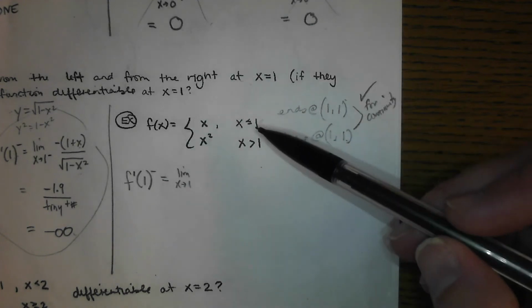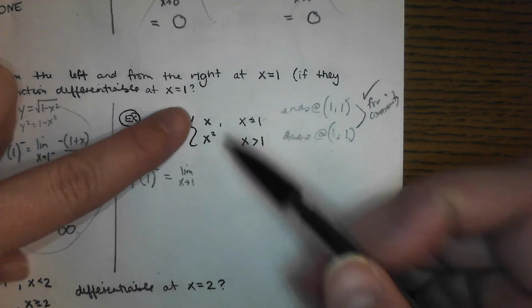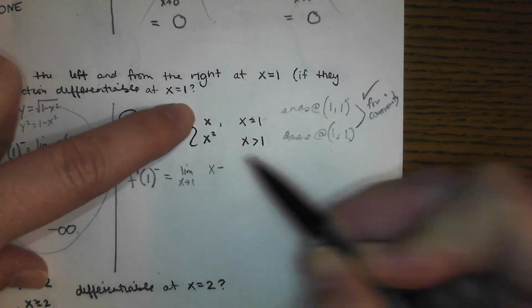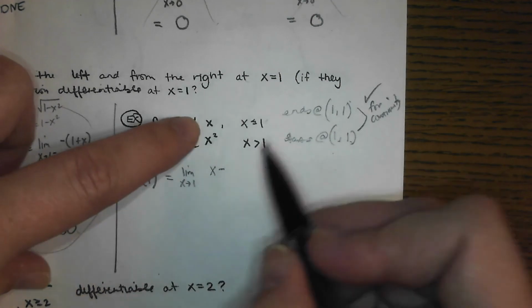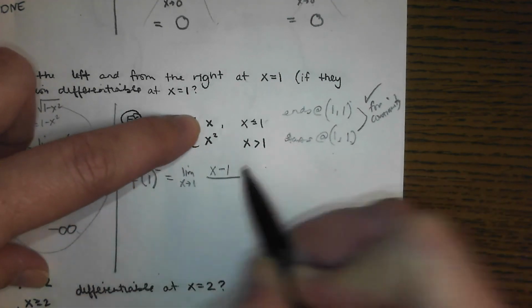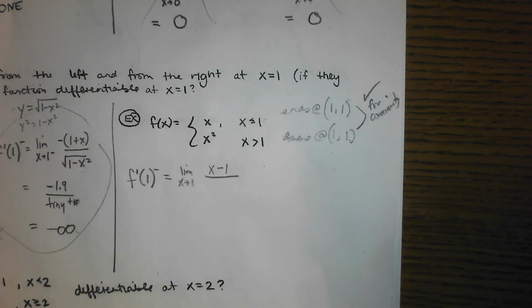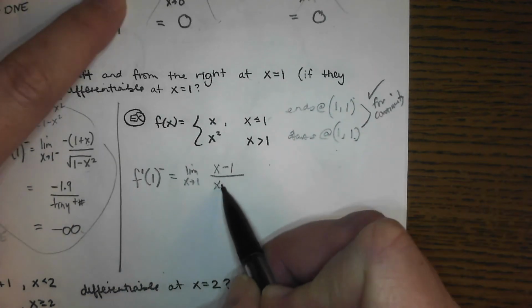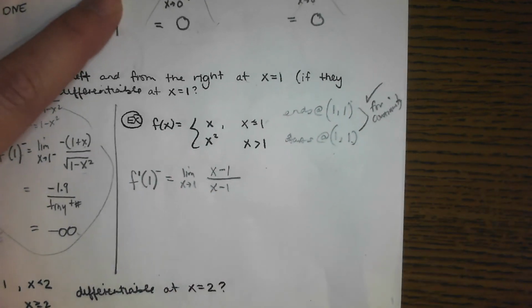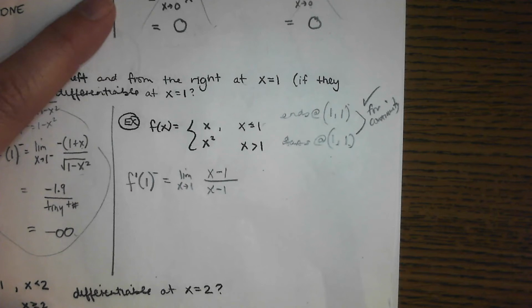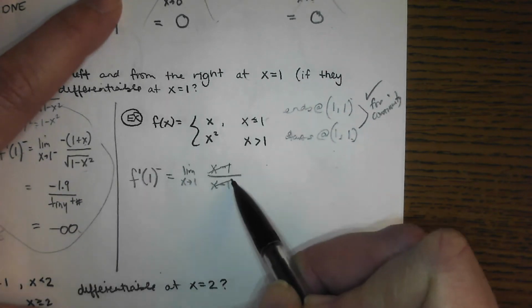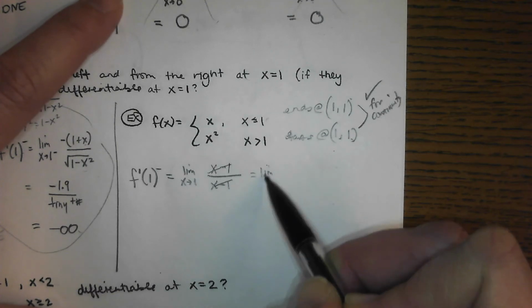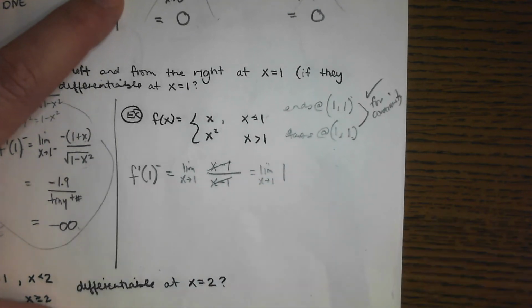First. So I have to do f of x, which is the first function, x, minus f of 1, which is 1, all over x minus c, which in this case is x minus 1. So direct evaluation is obviously going to give me 0 over 0, but this reduces and ends up being just your limit as x approaches 1 of 1.